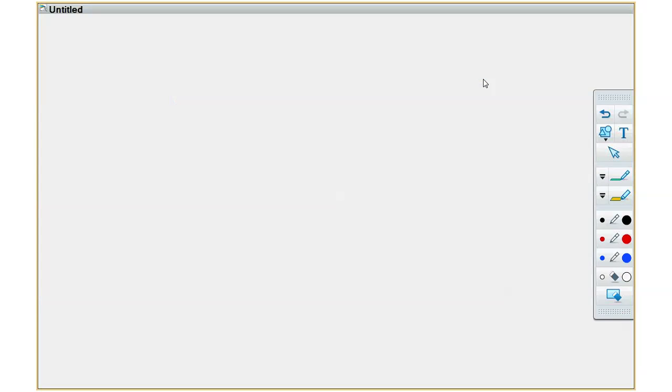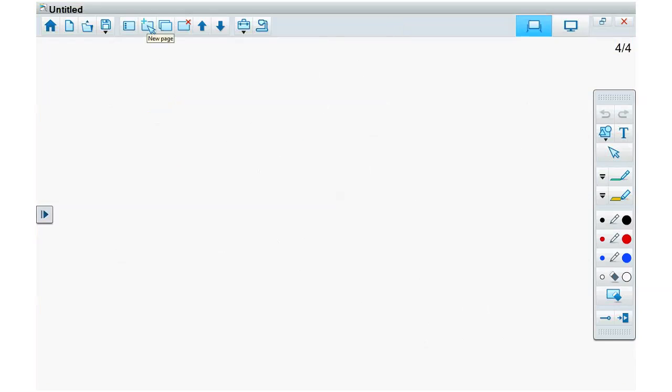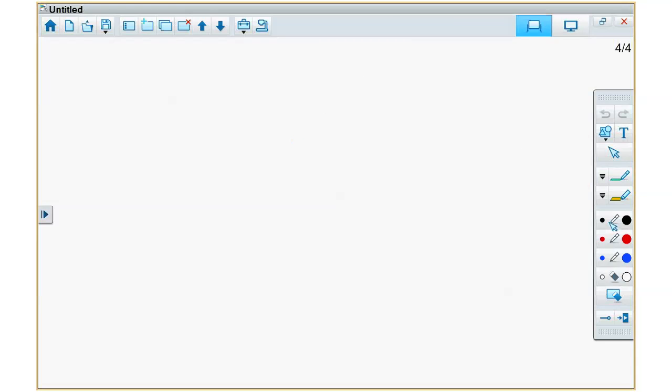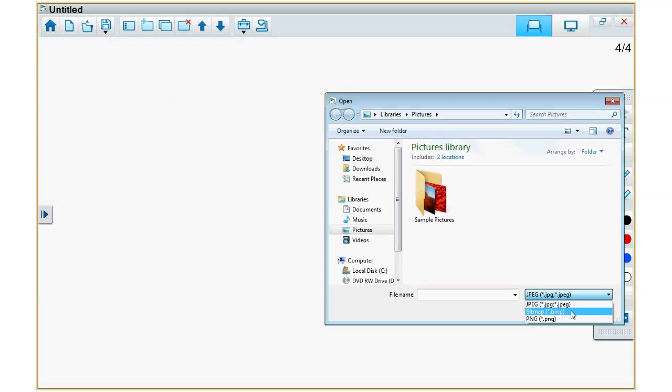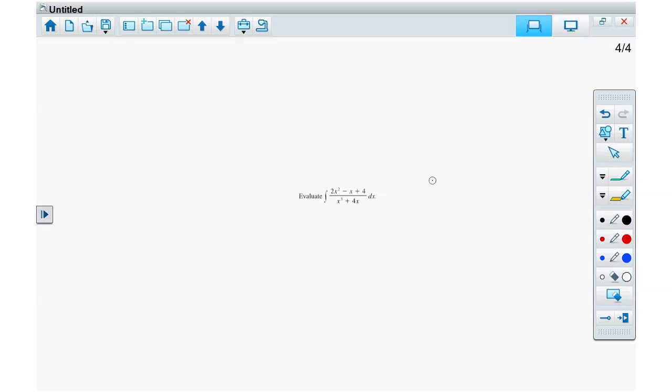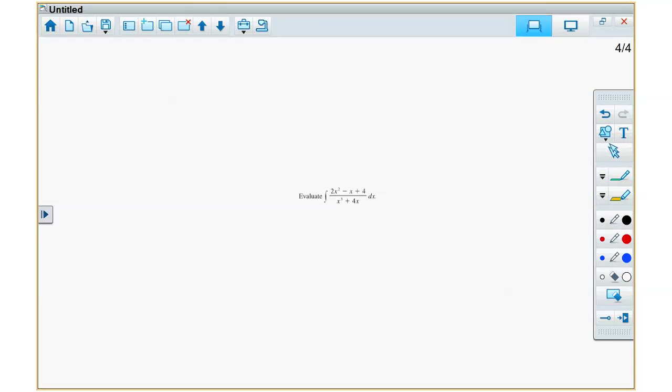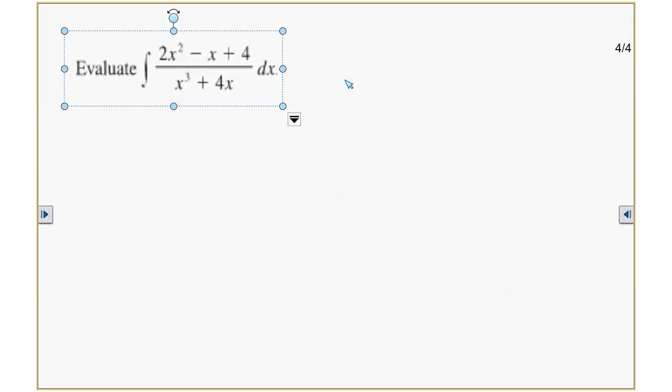We can try it, but let's see if I got it in here. I think I do. Yeah. 2x squared minus x plus 4 over x cubed plus 4x.